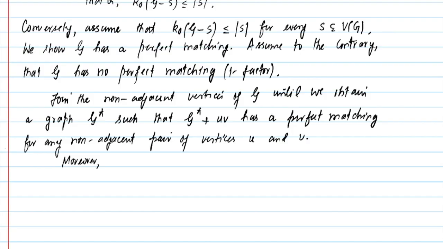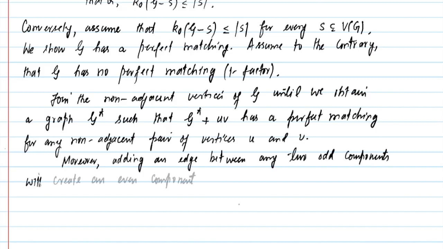So if we connect an edge between them, they will create a single connected component, and that will have odd plus odd, an even number of vertices. So that means joining or adding edges in G to obtain G star, the number of odd components cannot increase. Moreover, adding an edge between any two odd components will create an even component.